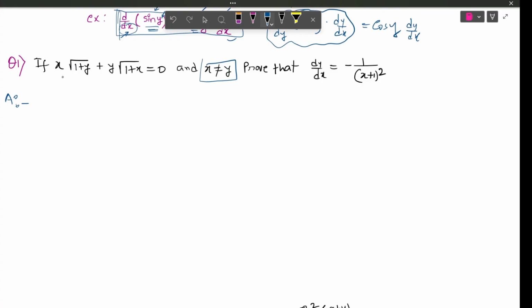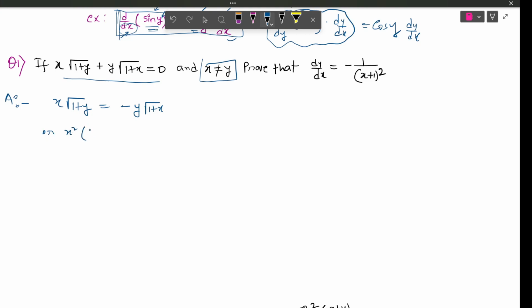Here the function is this. Now what we can do, we can take the y term, y of root under 1 plus x, to the right hand side. So it will be minus y of root under 1 plus x. Now square both sides.